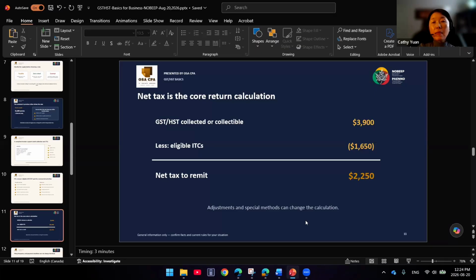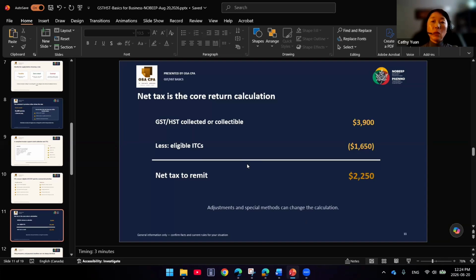Okay, here is the tax return calculation. That is only very, very simple, how to do the tax return. First line, that is the GST/HST collected or collectible from the sales.